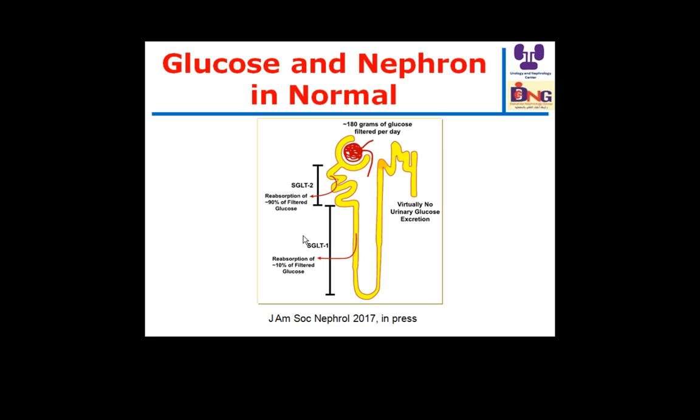So we have two types of cotransporters within the proximal convoluted tubule. Type 2, which is responsible for 90%, and type 1, which is responsible for 10%. In a normal situation, no glucose comes to the urine because all filtered glucose is absorbed through the proximal convoluted tubule.